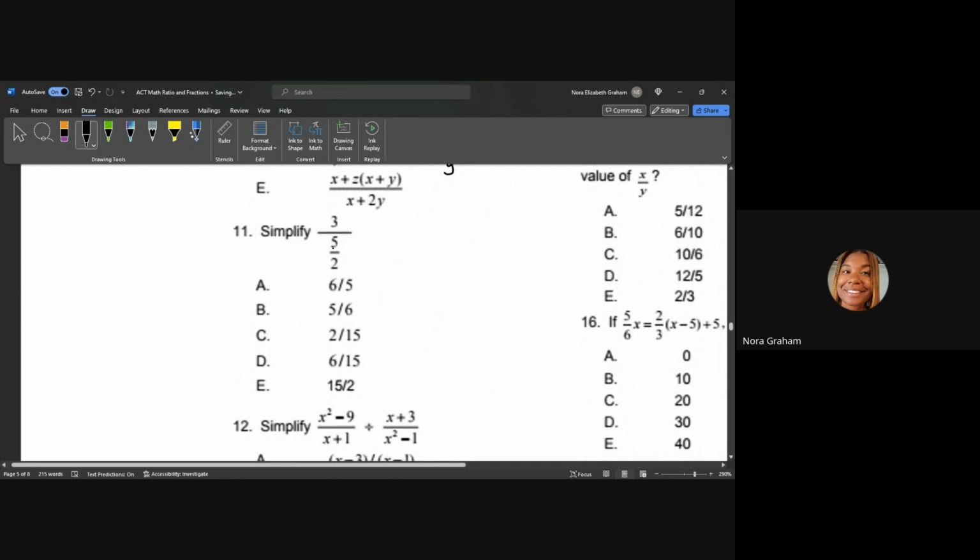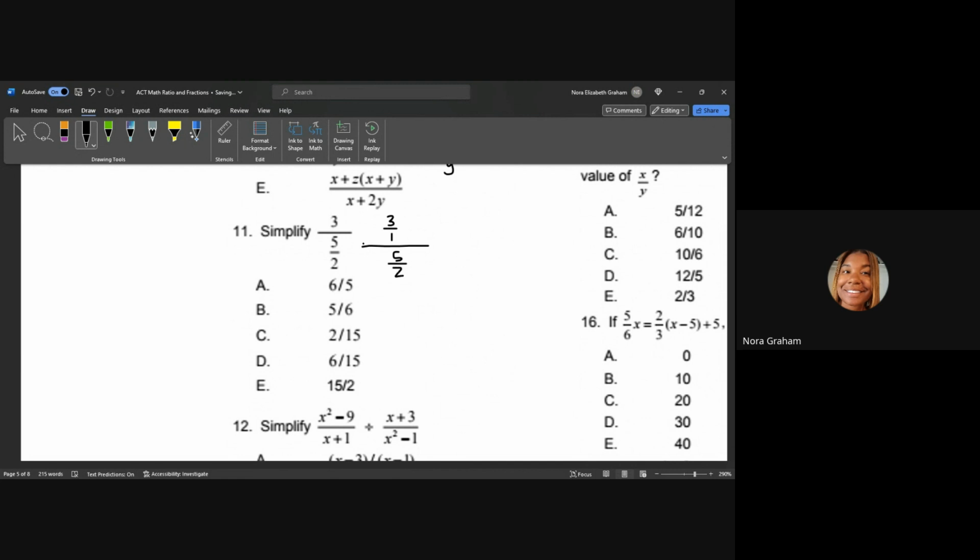For this one, we're dividing fractions. Another way I can rewrite this is 3 over 1, and then a fraction bar here, 5 over 2. So I make them both look like fractions. Remember, this is just a sign for division.